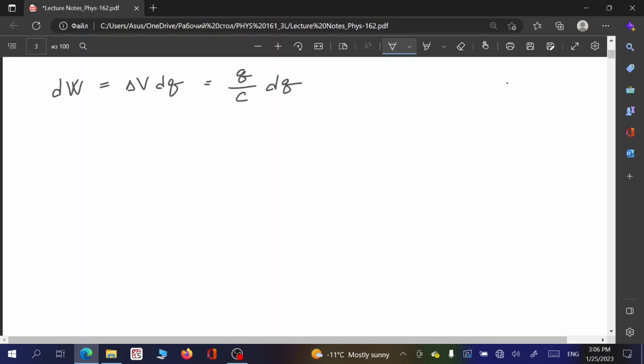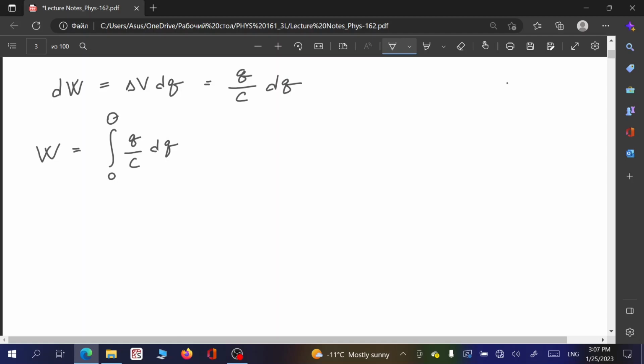Now if we want to get the work necessary to charge the capacitor from 0 to some charge Q capital, we need to integrate the previous expression. So it will be Q over C times dQ. What do we know about capacitance? Which parameters define capacitance and which don't?